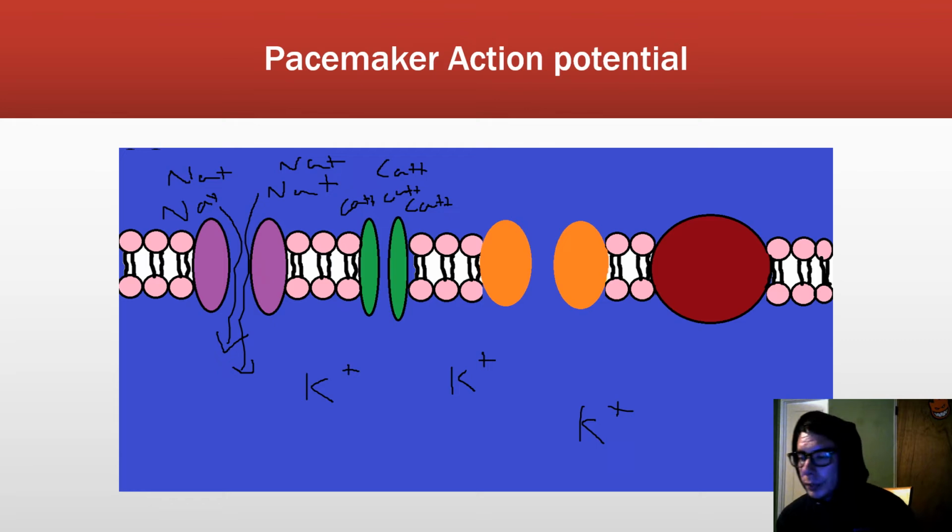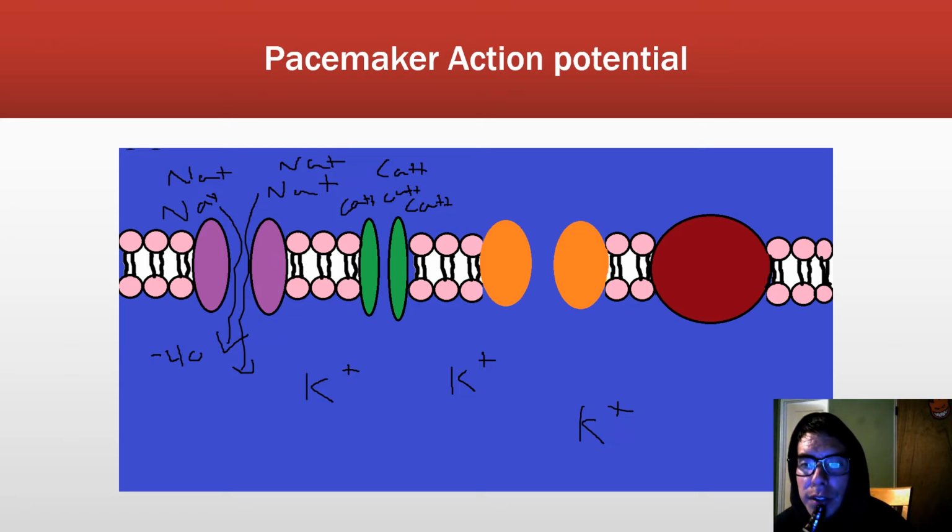Usually it's negative 40 millivolts. Right now the inside of the cell is way below that, but as we have this slow influx of sodium, it starts to rise, and once it hits negative 40 millivolts, that triggers an action potential, and the electrical impulse is generated or conducted.